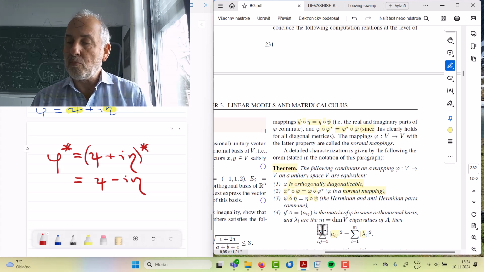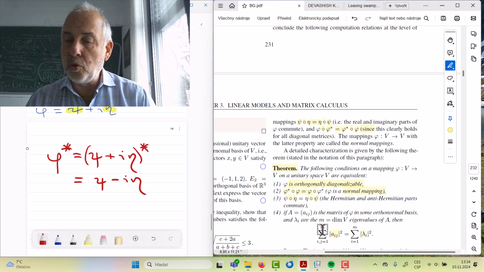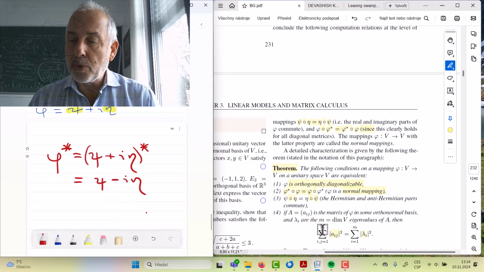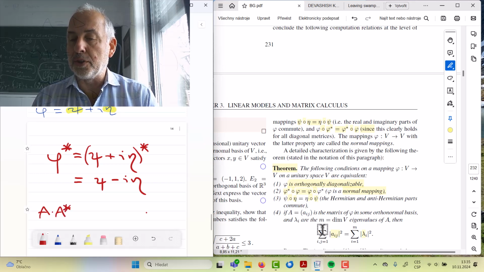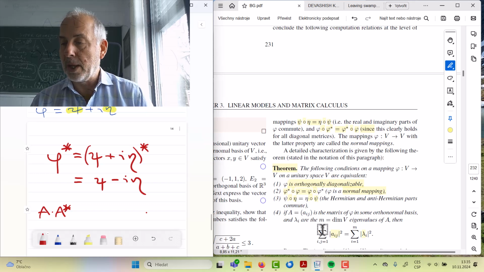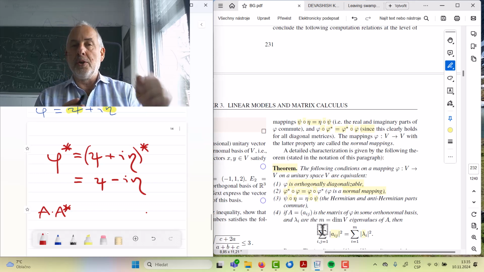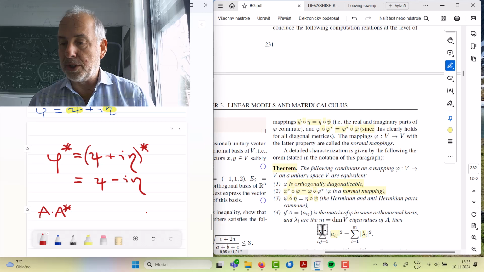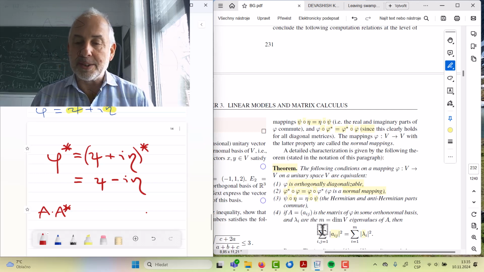So one of the clues why it should be is to notice that if you make A times A star, this is by definition always positive definite, Hermitian symmetric. Positive definite means that all the eigenvalues will be positive. Well, semi-positive, right?